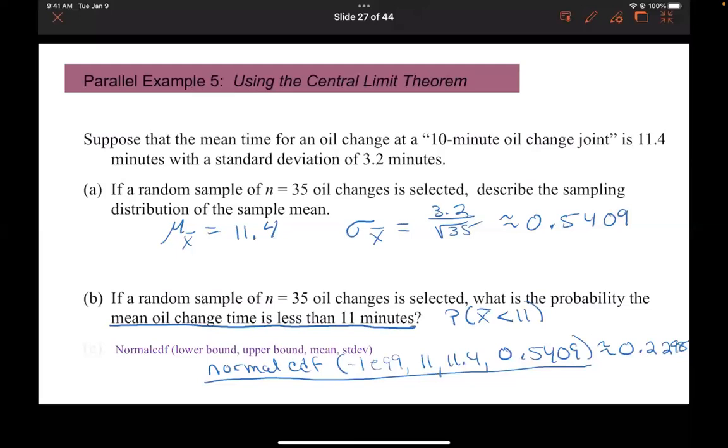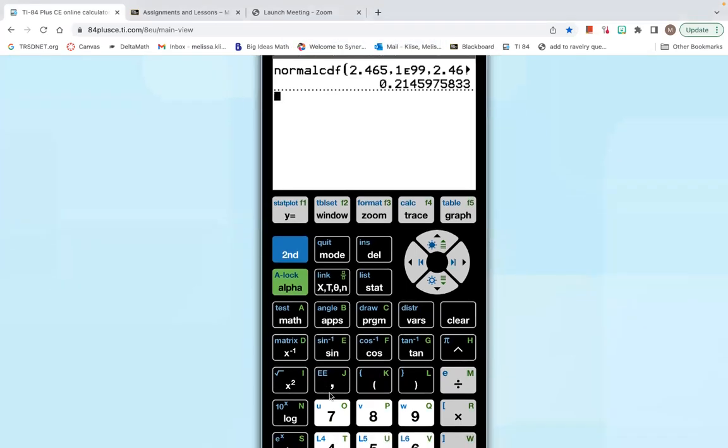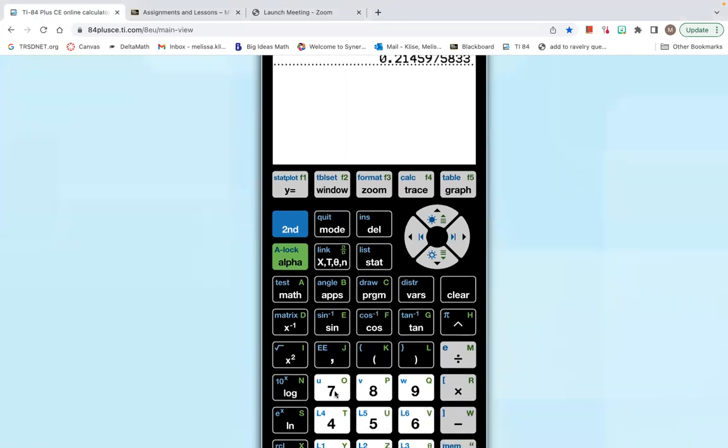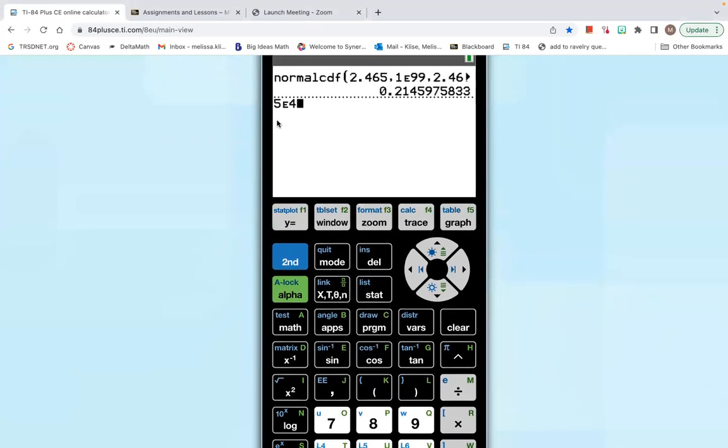What this does is put it into scientific notation. So if I put 5E4, this is 5 times 10 to the 4th power, so I should get 50,000.